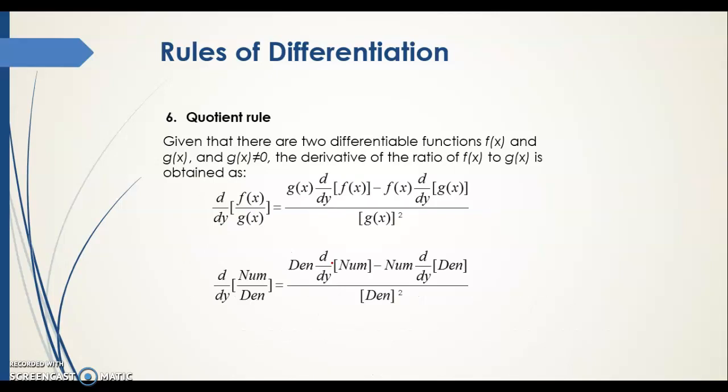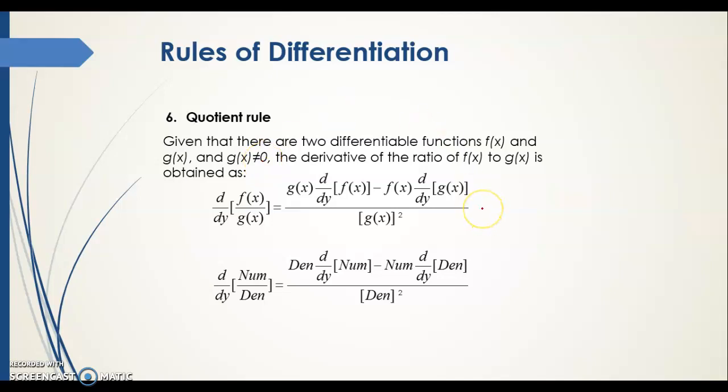Now we'll jump to the next rule, and this rule is the quotient rule. Suppose there are two differentiable functions and they are given in division format, that is f(x) divided by g(x), and g(x) is not equal to 0.